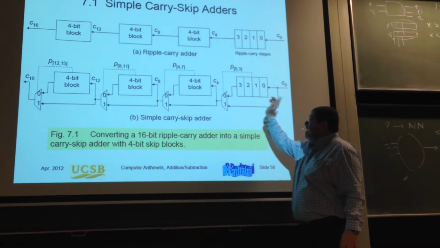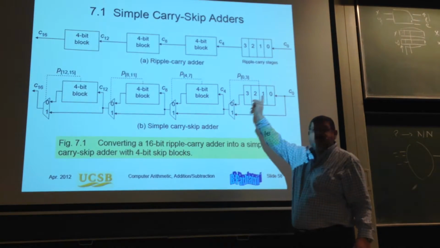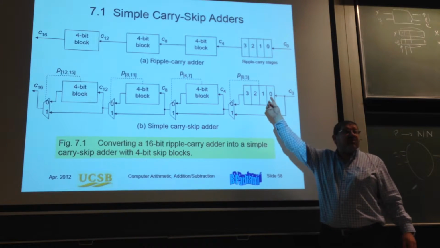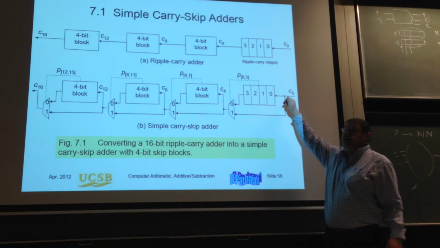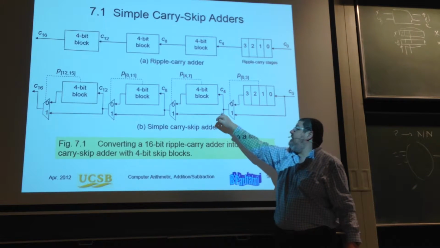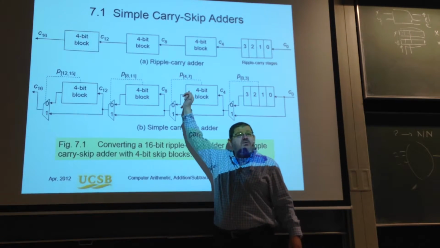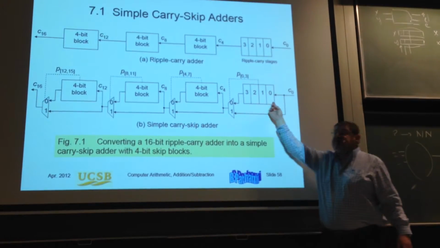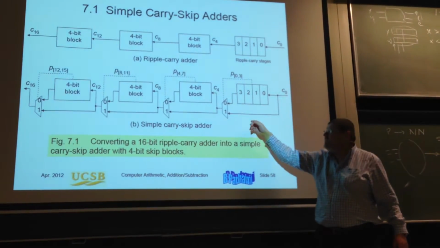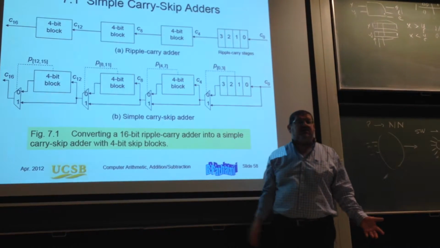Now, the carry out of the block will be selected by the signal which is called block propagate. Whenever the block is propagating, the carry will come from the input of that block and will go further. Okay? Then if I have a carry here, we'll just skip the block and go further. If the block is not propagating, this channel is closed, and if a carry comes, it will be the carry out of that block.